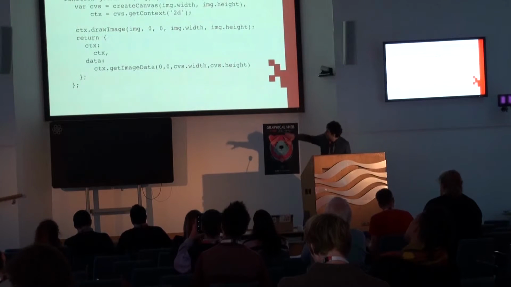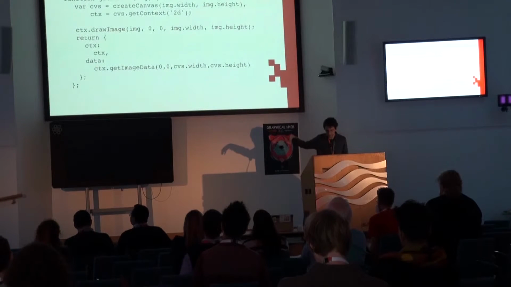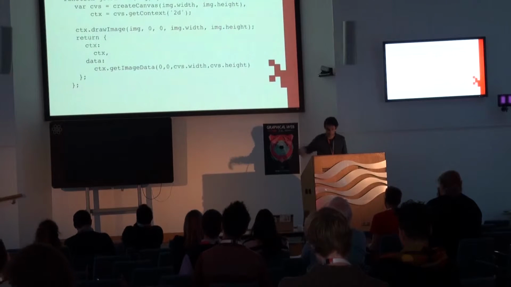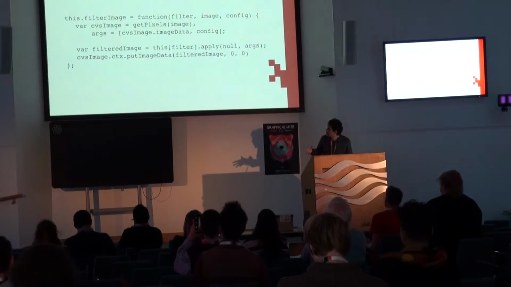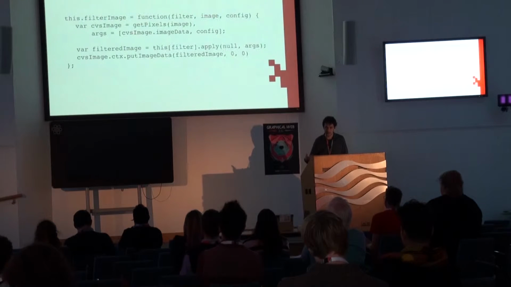Here draw is just a function to draw an image, or you get the image data from the current Canvas. So I made a public function, filter image, that passes the arguments: the filter, the image, and the image options.